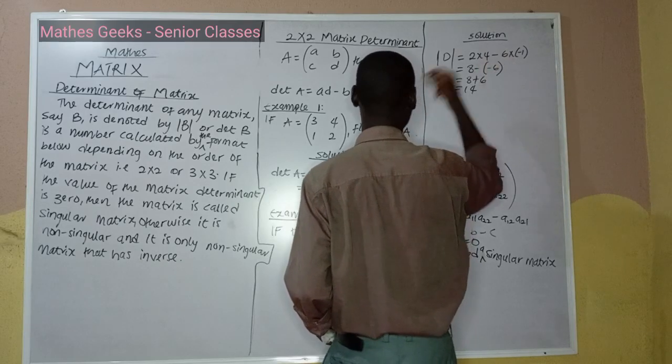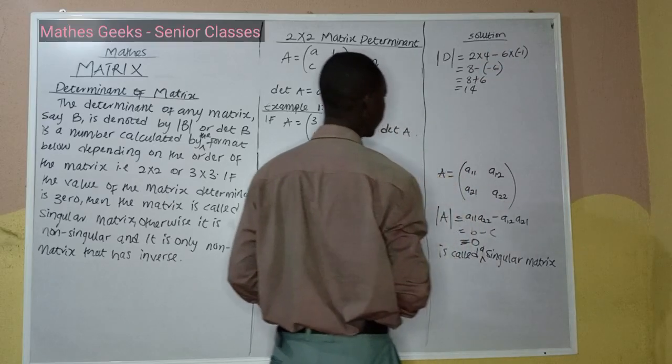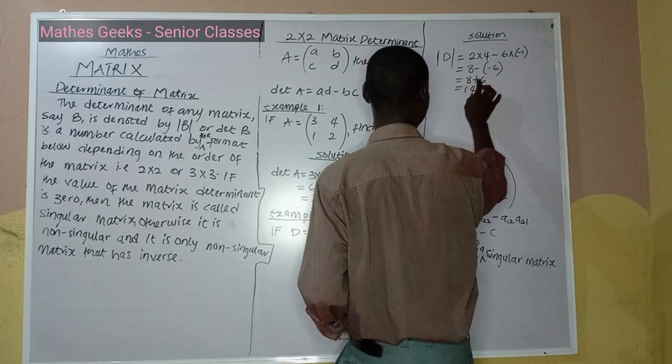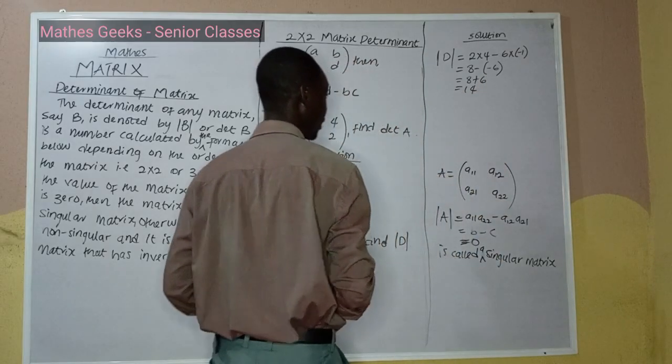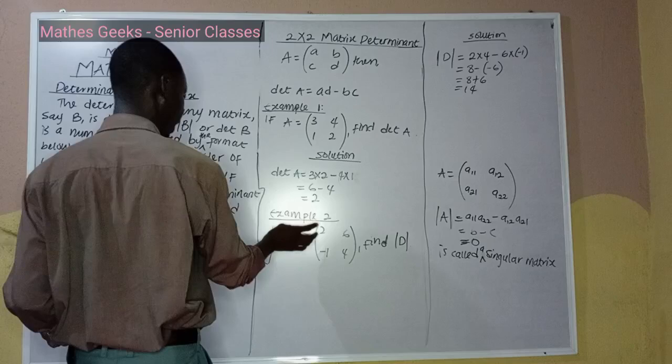You're supposed to subtract, but now that you have minus 6, you simplify this first. Minus times minus gives us plus. So 8 plus 6 is equal to 14. So this implies that 14 is the determinant of matrix D.